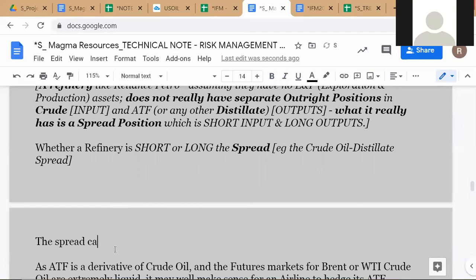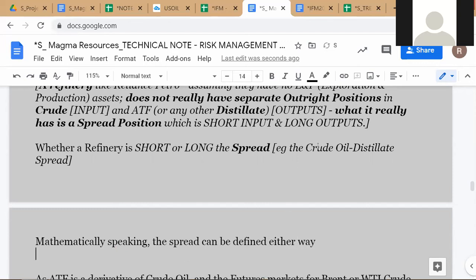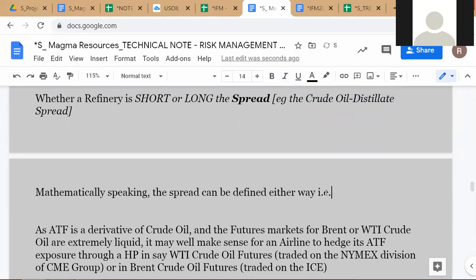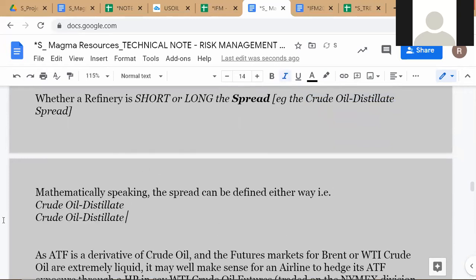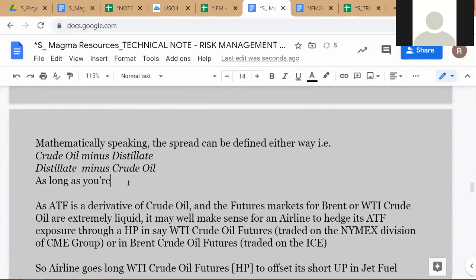Now the spread can be defined either way, as long as you're consistent about it.